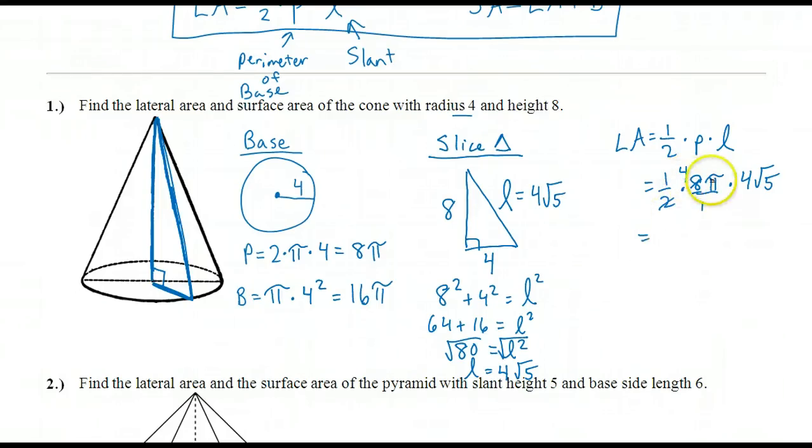So I really have 4 times 4, which is 16, times pi times the square root of 5. Now that's as far as I can simplify down. 16 pi square roots of 5 is my exact answer. And I'm finding the lateral area, so I'm going to measure it in units squared.